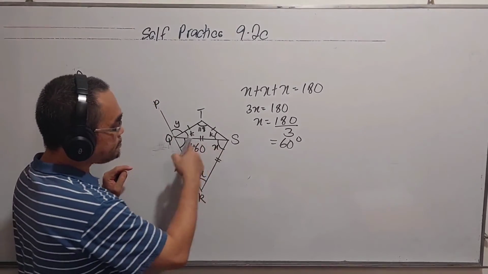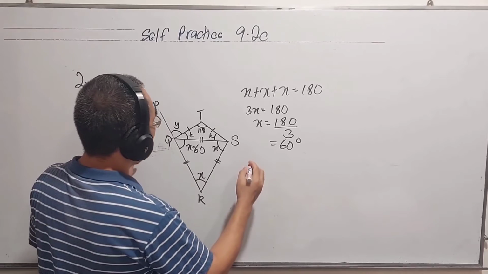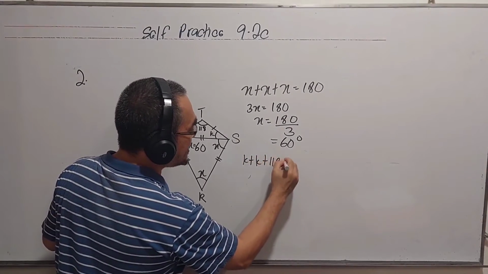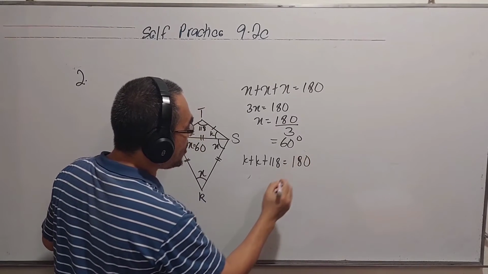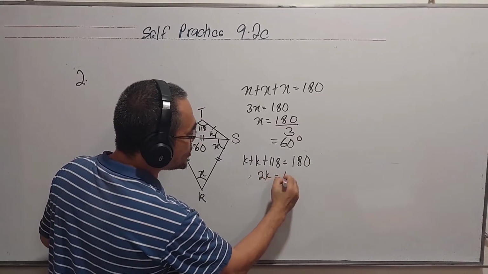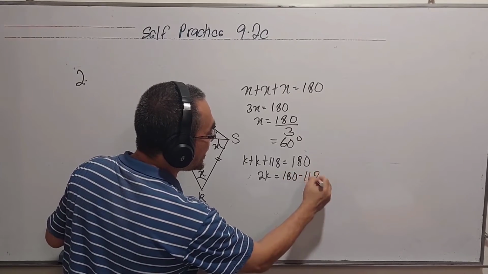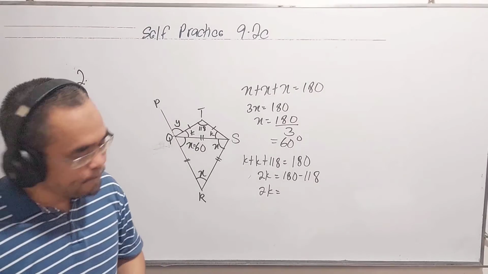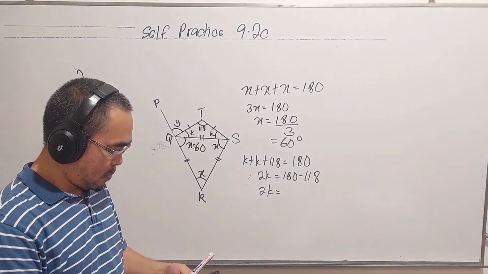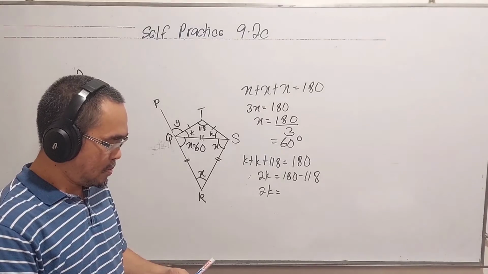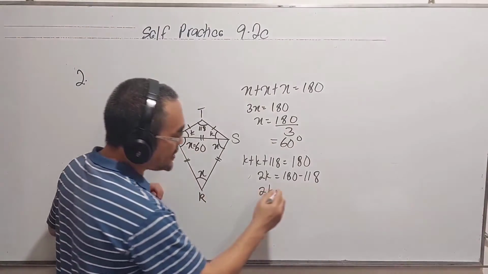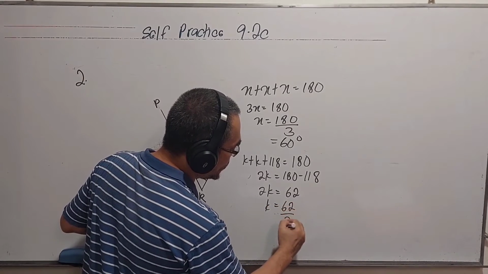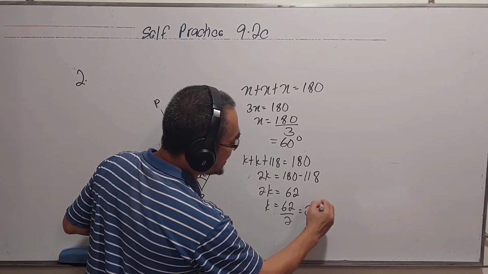So let's solve k first. k plus k plus 118 equals 180. So 2k equals 180 minus 118, so 2k equals 62 degrees. And k will be 62 over 2, which is 31 degrees.